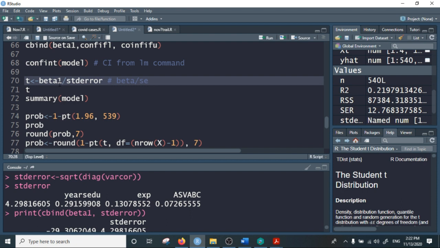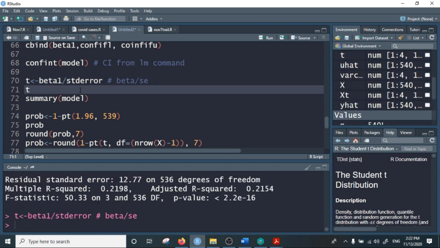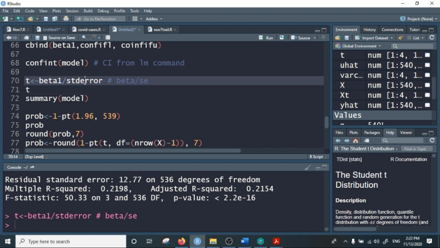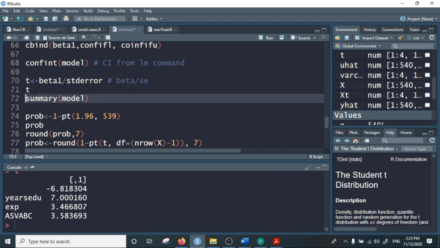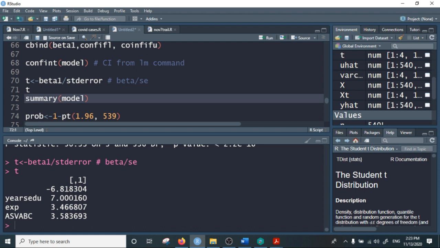In this case, we find the t ratios for all of the parameters at a time by dividing the beta 1 vector by the vector of standard errors we have found. If we divide the betas by the standard errors and save them in a t object, and ask R to show what is inside t, it will show the t ratios.